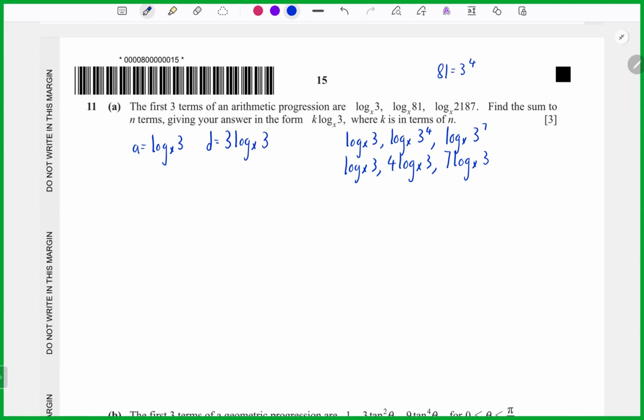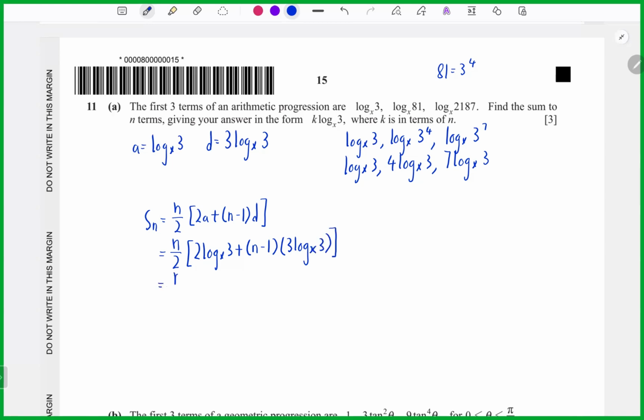So the sum, S n equals n over 2 times (2a plus (n minus 1) d), which is n over 2 times (2 log x 3 plus (n minus 1) 3 log x 3).